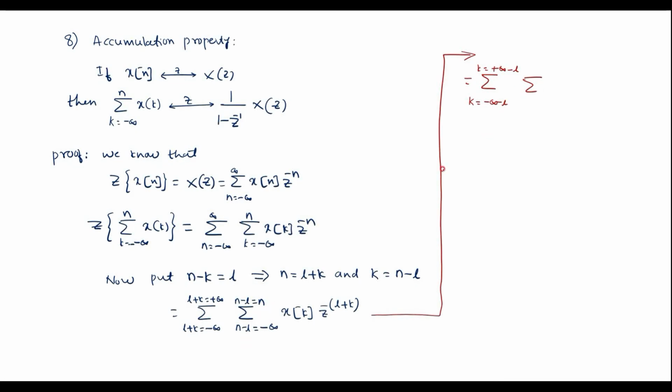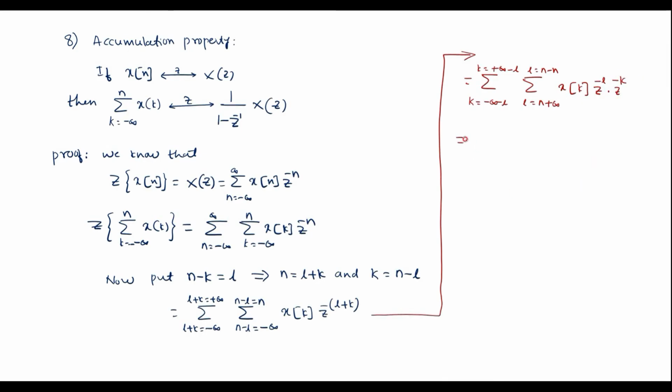Similarly here, if I take L on the right side, then L is equal to n plus infinity, and L goes up to n minus n, that is, n minus n, x of k z power minus L dot z power minus k.